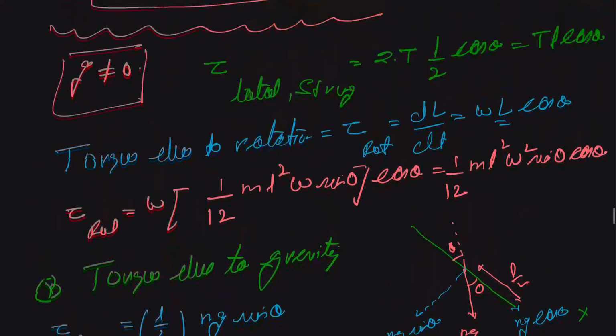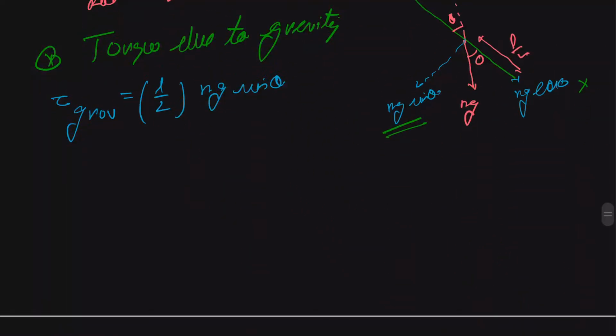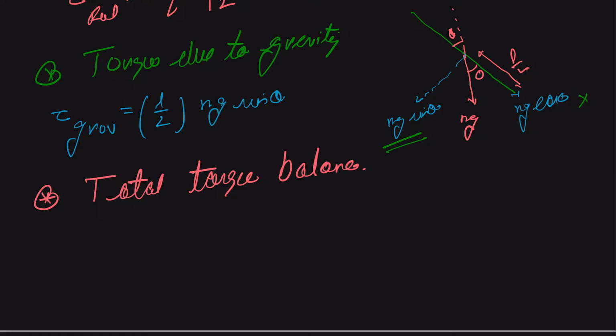And we have torque due to gravity, and we also have the torque due to our string, and we have torque due to rotation. So this entire system is in equilibrium. So we can say total torque balance for our equilibrium.